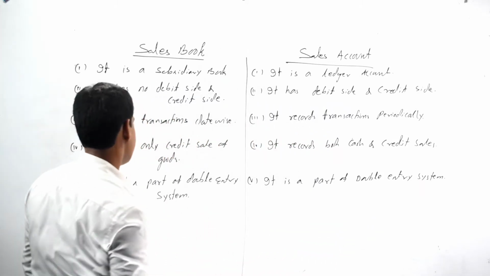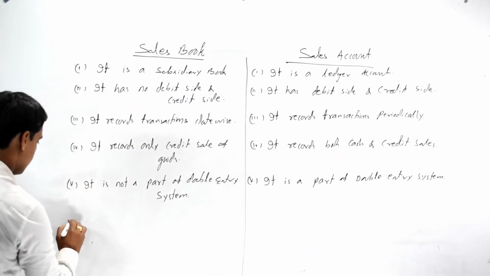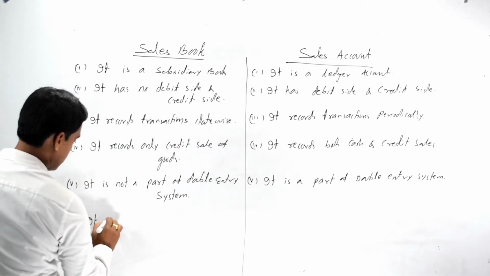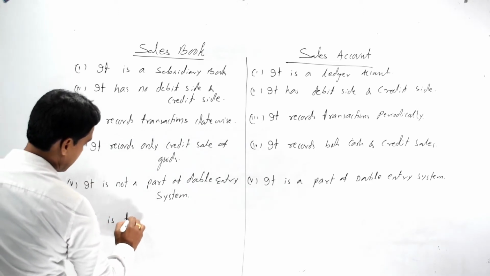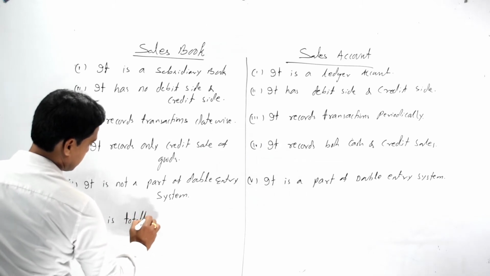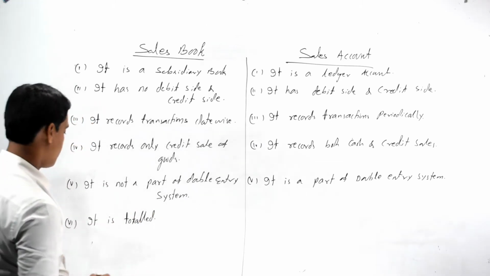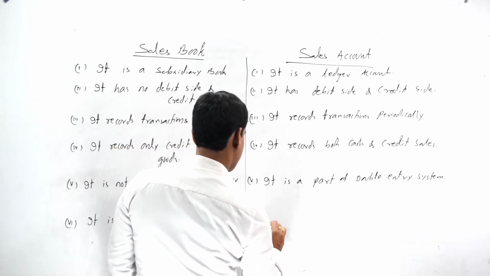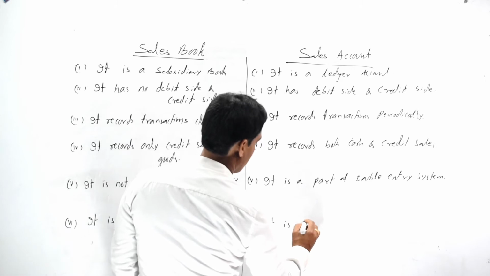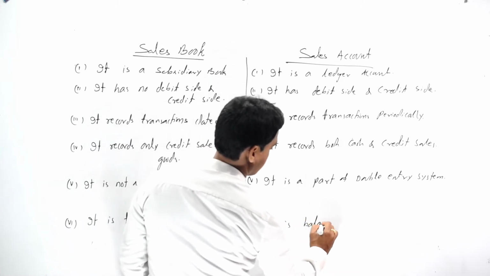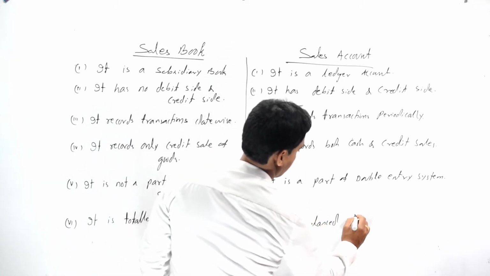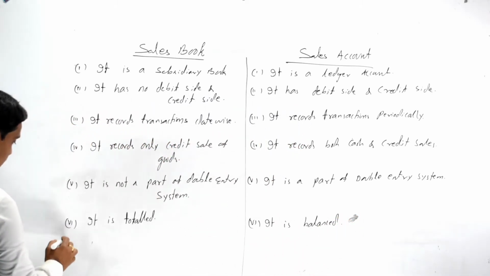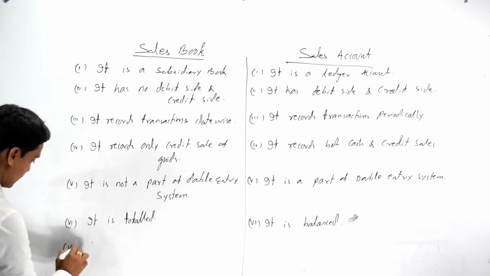Then our sixth difference is generally our sales book is totaled at the end, whereas our sales account is always balanced at the end.